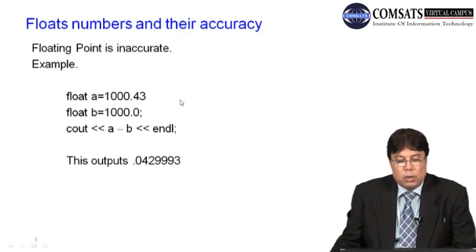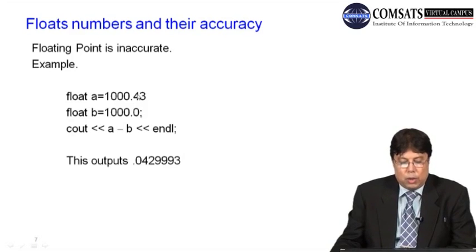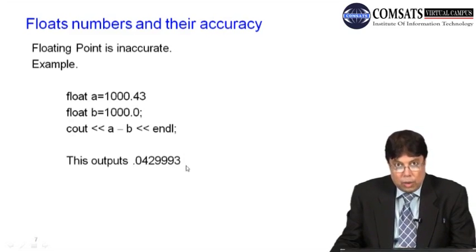Suppose A is equal to 1000.43 and B is equal to 1000.0, and when we say cout A minus B, you would say it should easily be 0.43, but it is not 0.43. It is, sorry, this point should be here, so it should be 0.429993.